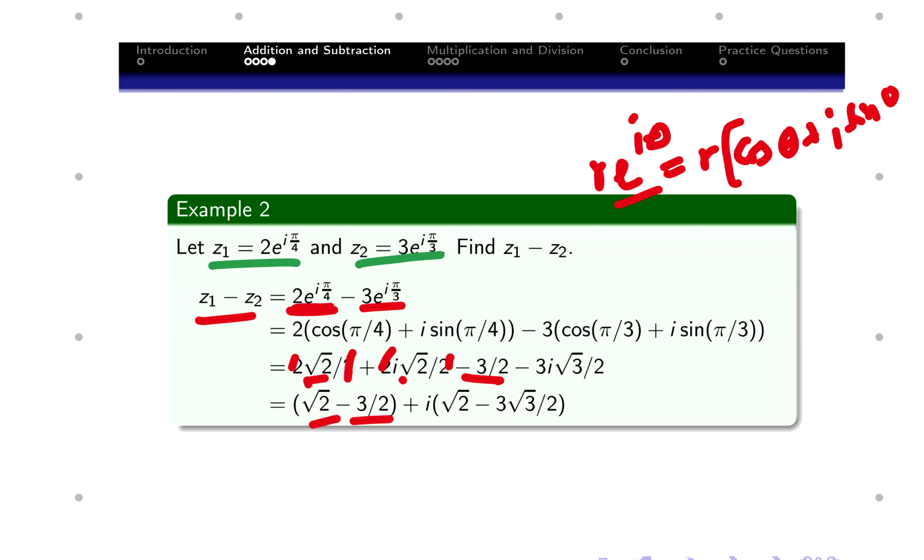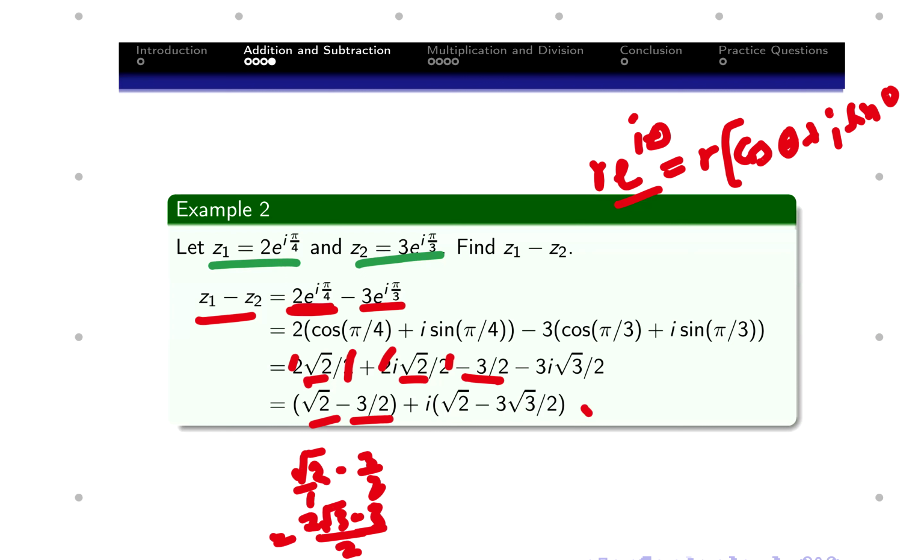So the only thing you can do here is maybe say root 2 minus 3 over 2, this over 1. So the LCM is 2. So you have (2 root 2 minus 3) all over 2. That's the best you can do with that. Same here, you can do something similar, but then it's okay this way also. All right. So that's for addition and subtraction.